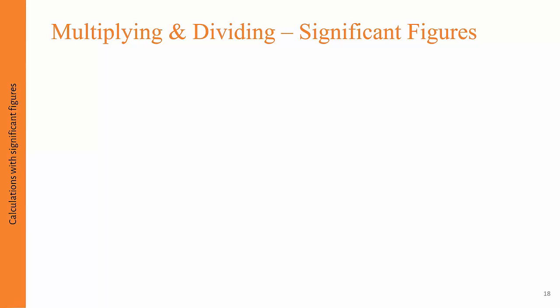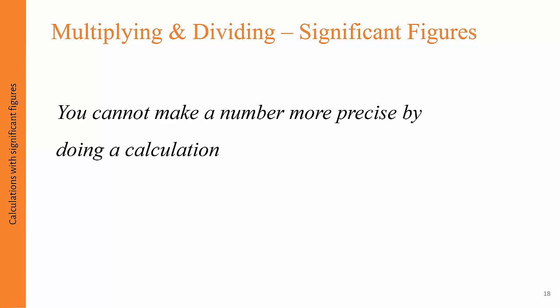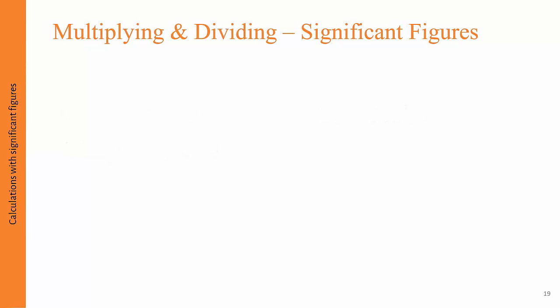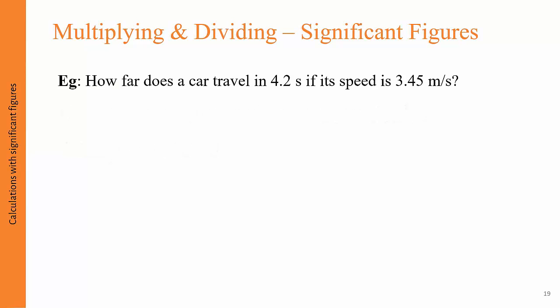The underlying principle when multiplying and dividing is that you can't make a number more precise by doing a calculation. That's the same principle as in addition and subtraction, but the details are a little different. Let's have a look at an example. How far does a car travel in 4.2 seconds if its speed is 3.45 meters per second?